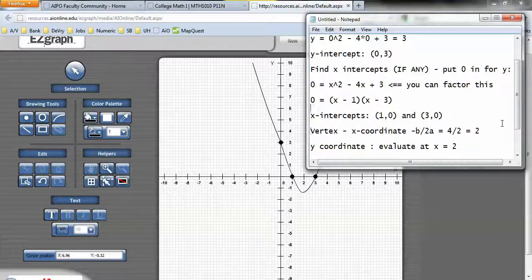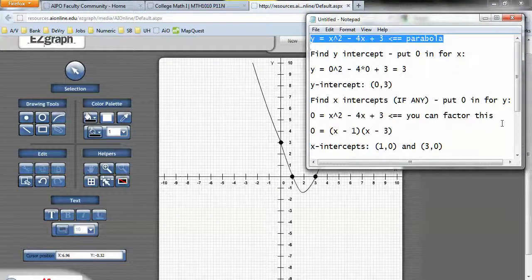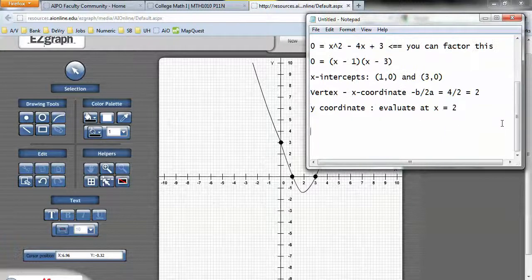So what's our equation here? y equals x squared minus 4x plus 3. If we evaluate that at the point 2, we have 2 squared minus 4 times 2 plus 3.